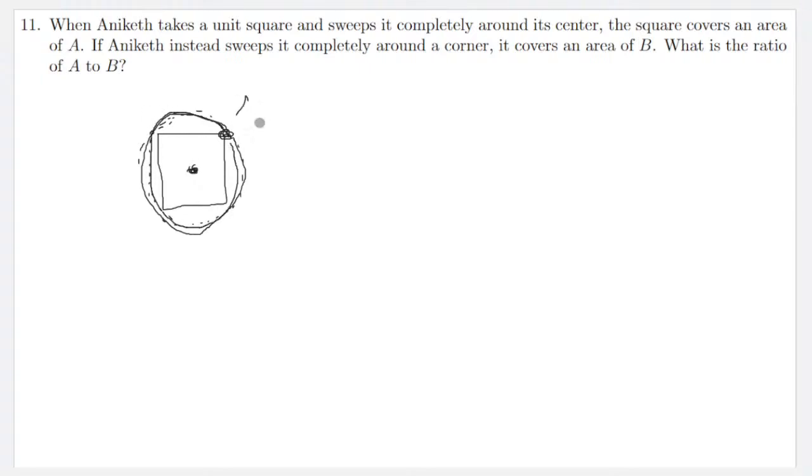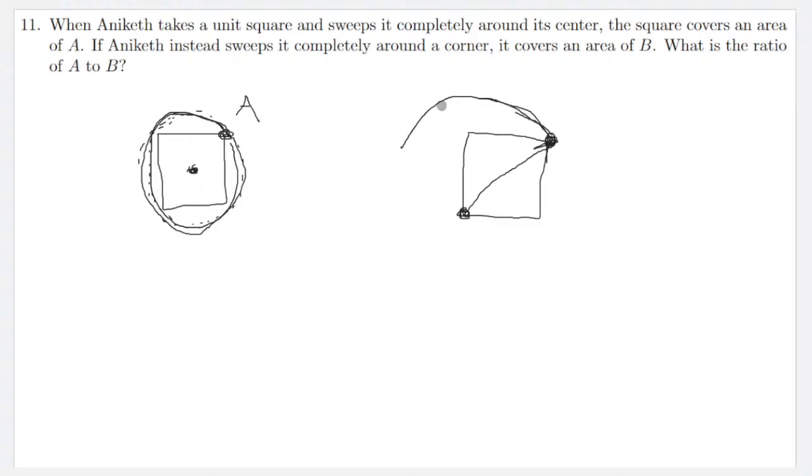So this is scenario A. Now let's look at scenario B. We have the same square, but now we're sweeping it around a corner. So our pivot point is now here, while our furthermost point is here, the other vertex, which is diagonally opposite. And so it now will sweep a circle.